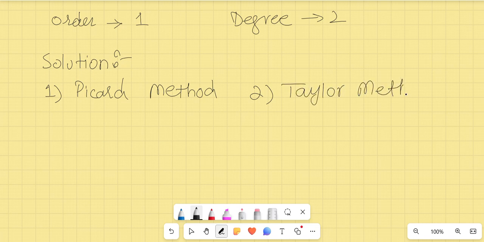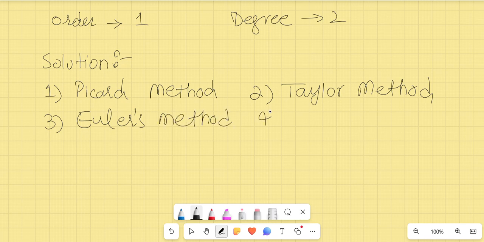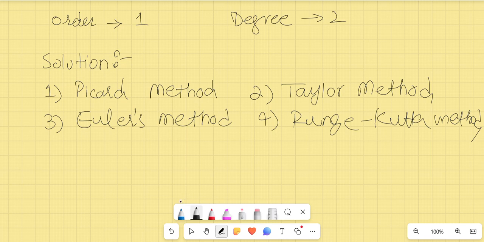Then we have Euler's method. Then we have the Runge-Kutta method. All right. So later in the video, I will tell you how to solve. We will start with the Picard method.